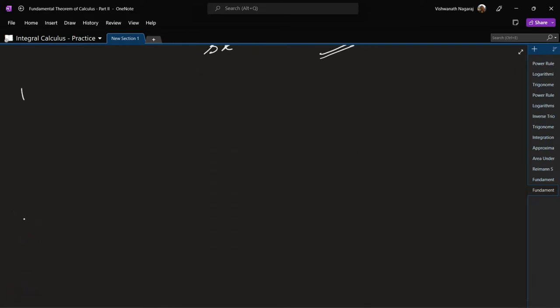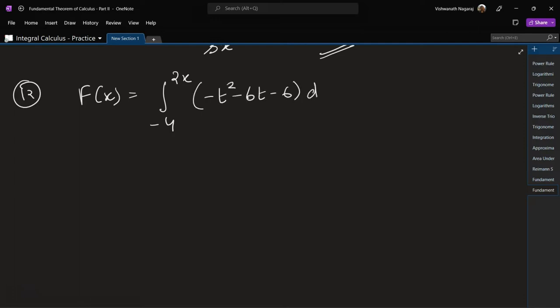Okay, the 12th one. Well, F of x is equal to the integral from minus 4 to 2x of minus t square minus 6t minus 6 dt. Again, we need to differentiate both the sides.